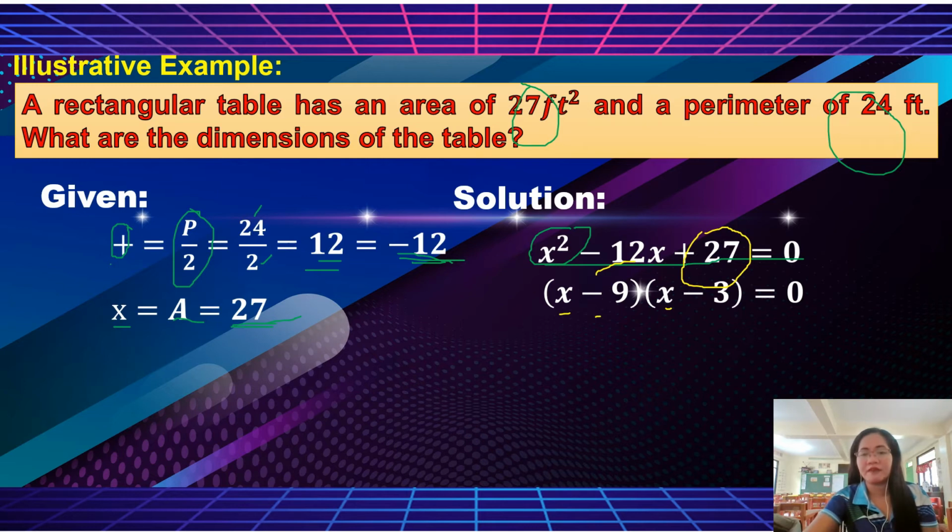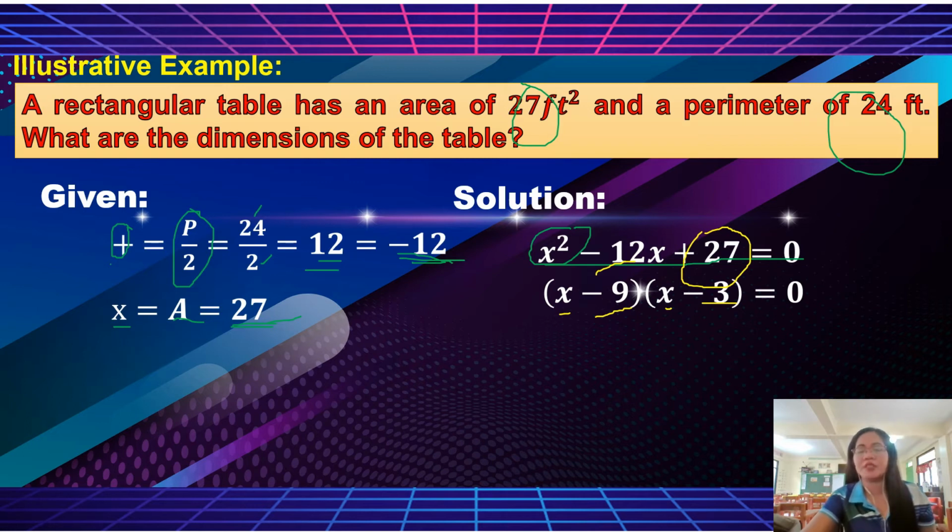Because negative 9 times negative 3, multiplying same sign will result to positive 27. And negative 9 minus 3, same sign, so we are going to add 9 plus 3 is 12, copy negative. So meaning, negative 9 and negative 3 are the correct factors ni equation.